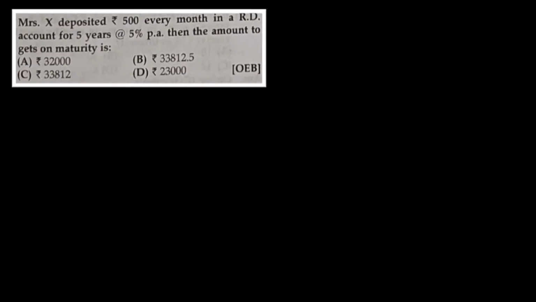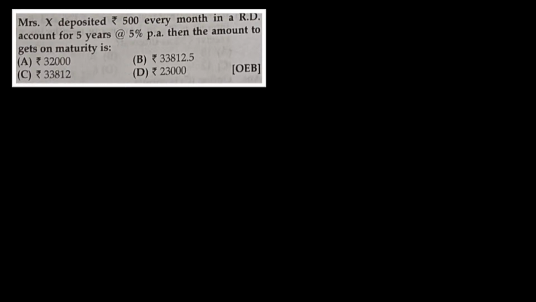Let's do the next question. Next question you can see on my screen. So direct question: Mr. X deposited rupees 500 every month. So money deposited every month is P, P is equal to 500, for 5 years.